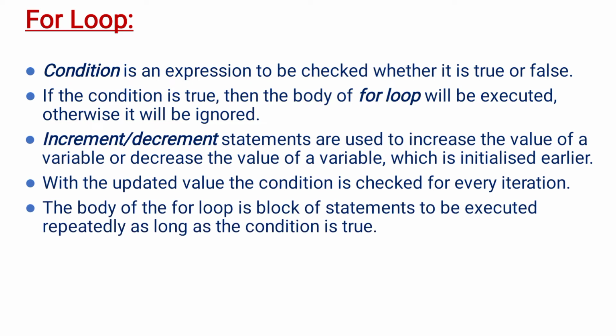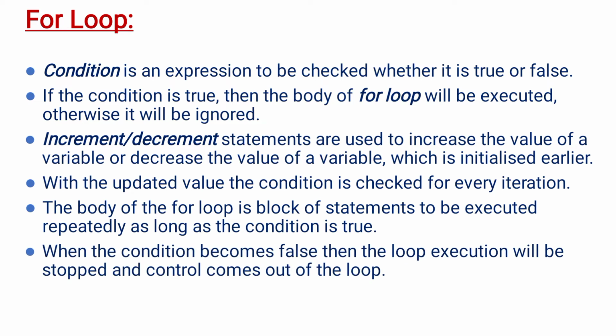The body of the loop is a block of statements to be executed repeatedly as long as the condition is true. The body of the for loop is a block consisting of statements which are executed multiple times. When the condition becomes false, the loop execution will be stopped and control comes out of the loop.